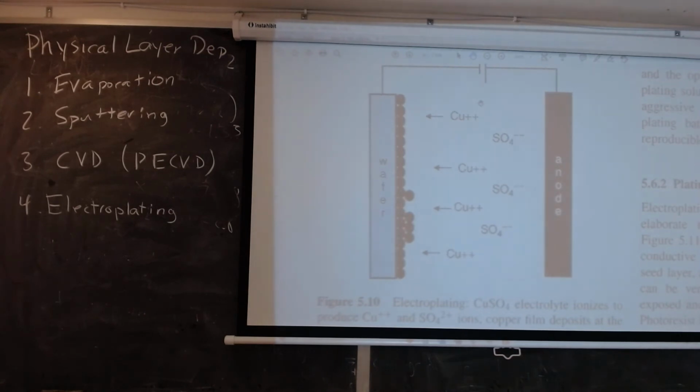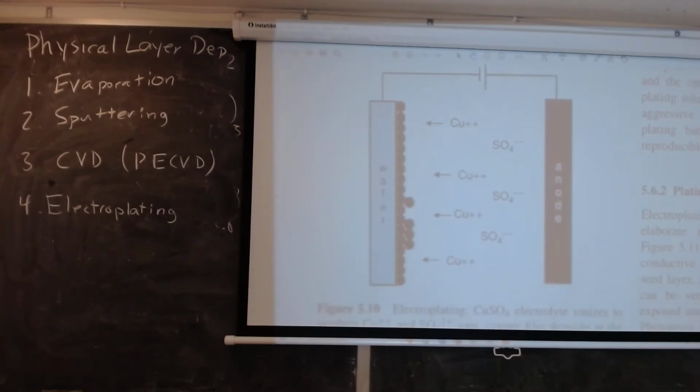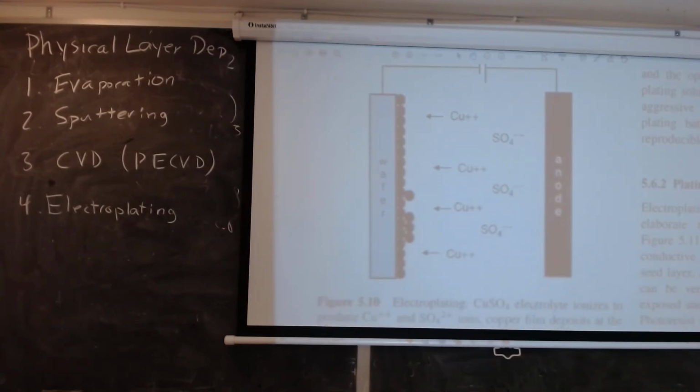So basically, what happens in here is you apply a voltage between the anode, this metal rod, and the wafer, all in a beaker, and it causes the solution, which is basically an electrolyte, to ionize into copper atoms and sulfide atoms, and then this is negatively charged, and it's pretty simple to understand.